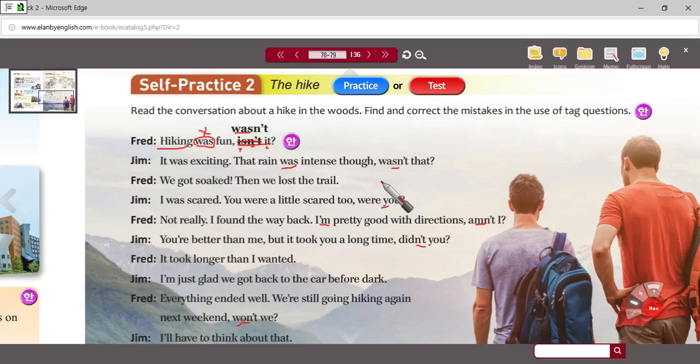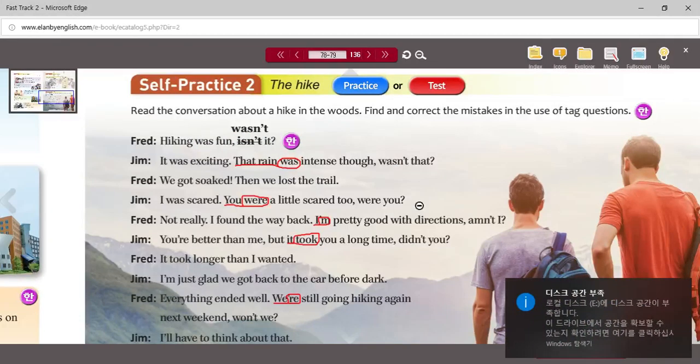So what I want you to do is go through the dialogue, read it, and make the corrections for each tag in the dialogue. As per usual, you can stop the track right now, and when you're finished, we'll go over the answers.